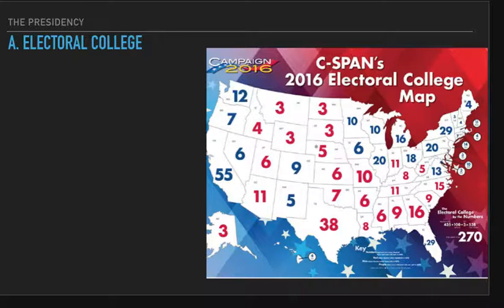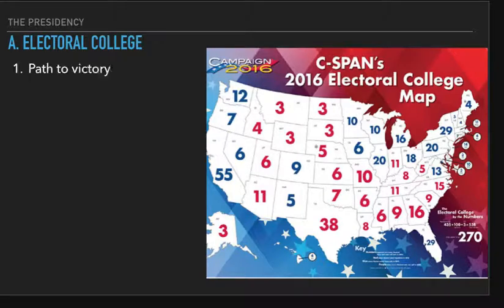Why does D.C. get 3 votes? 23rd Amendment, you're right, yes. So the 23rd Amendment states that Washington, D.C. gets 3 votes. We learned that weeks ago. And so that gives them representation, even though Washington, D.C. does not have representatives in the House or the Senate. So they are included in all of this.